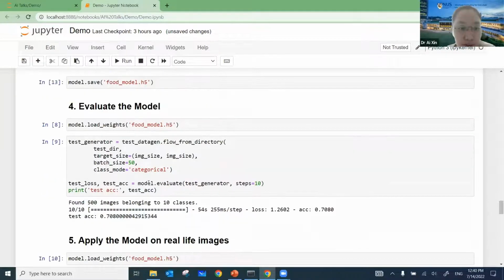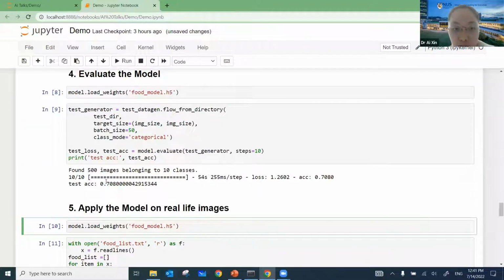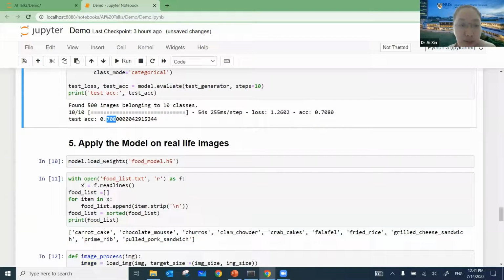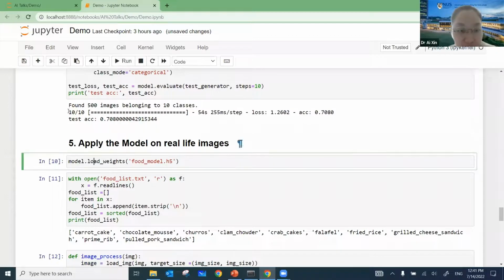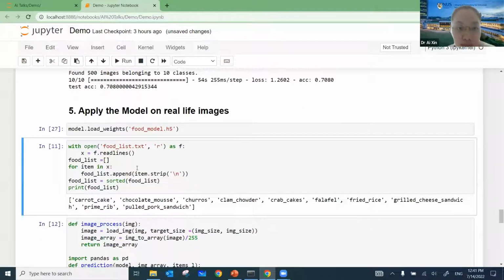After I train the model, I can use it. I evaluate the model on all the testing images. It achieved around 70% accuracy. And after I train the model, I can use it to make predictions on any image.